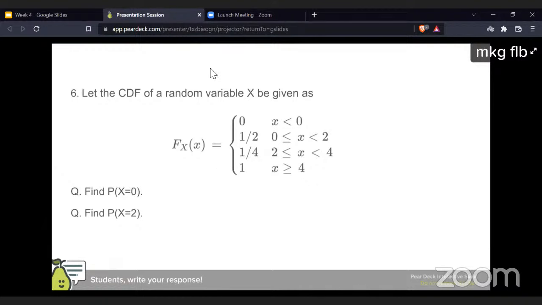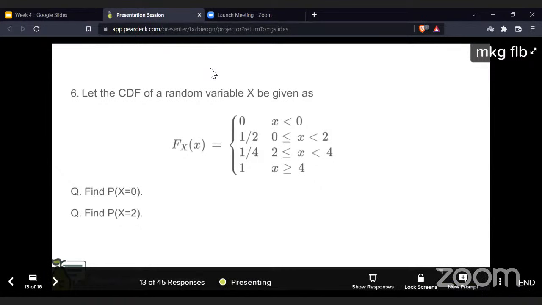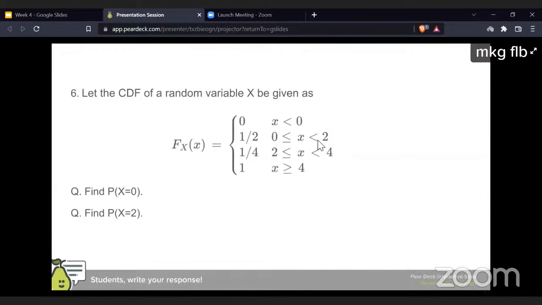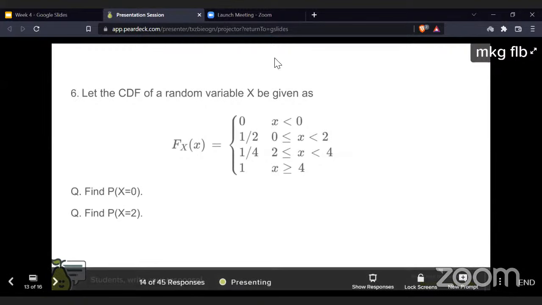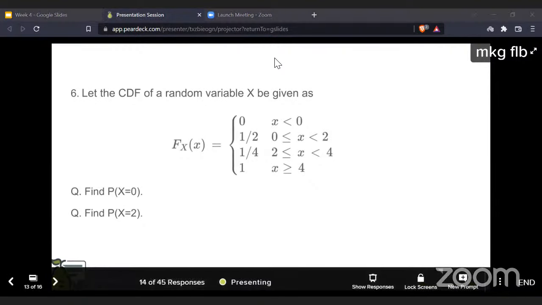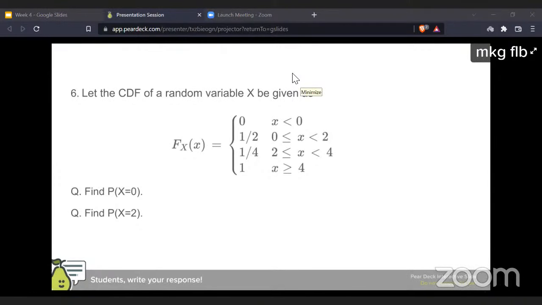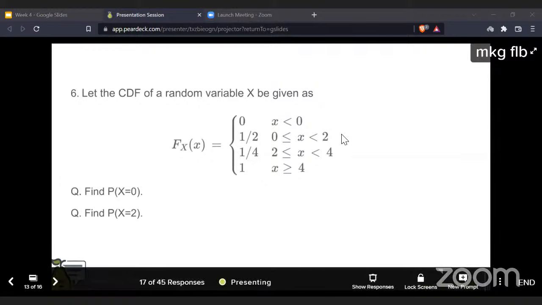No, no, how can it be 0? It is not a PDF. It is a CDF. But it is a continuous CDF. No, can you plot the graph of it? You first plot from the CDF. First thing you do is plot the graph. It's 0.25, 0.5. We will come to it. So first plot the CDF function. Like how will you plot it?